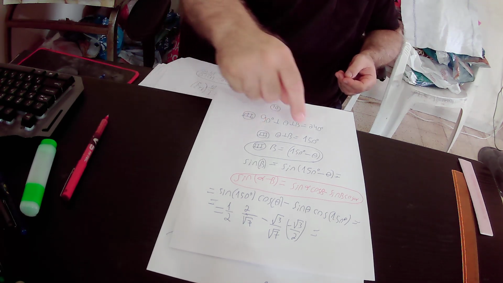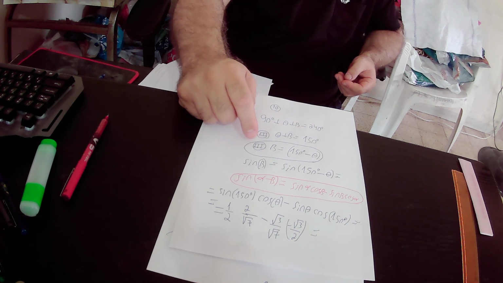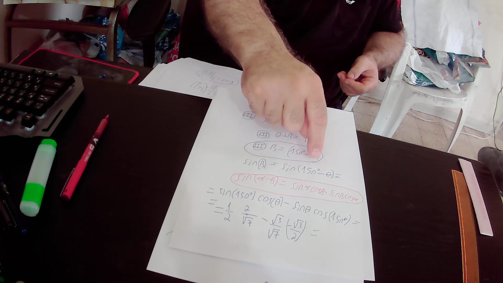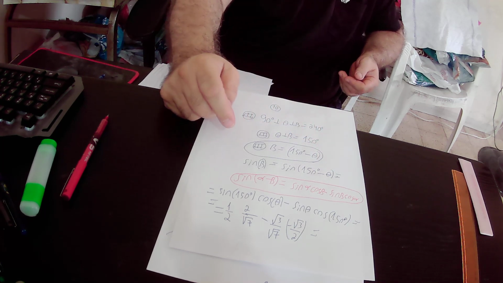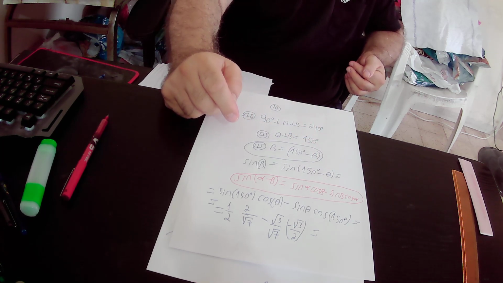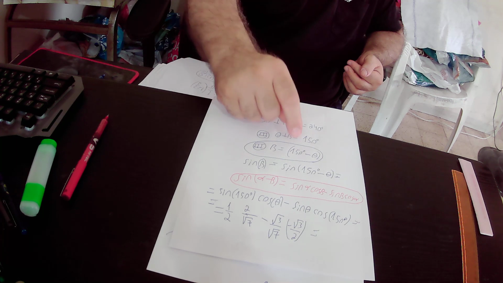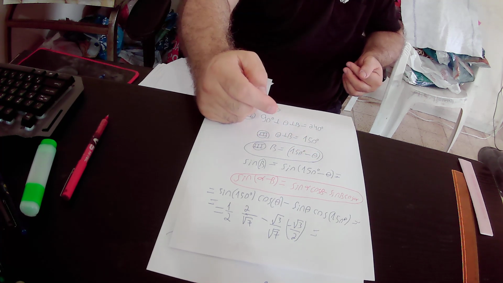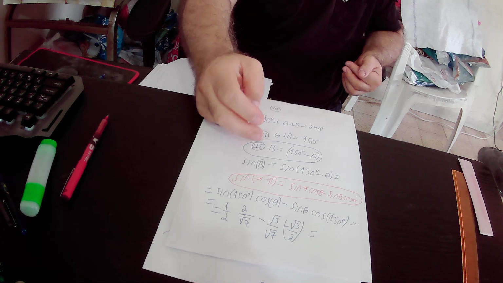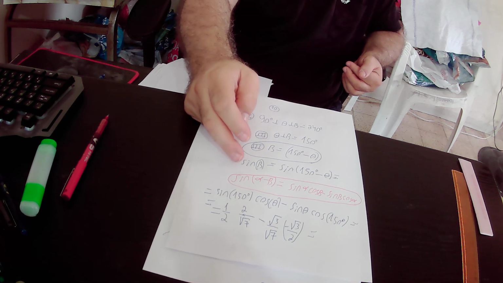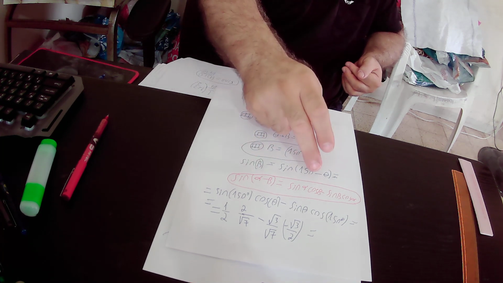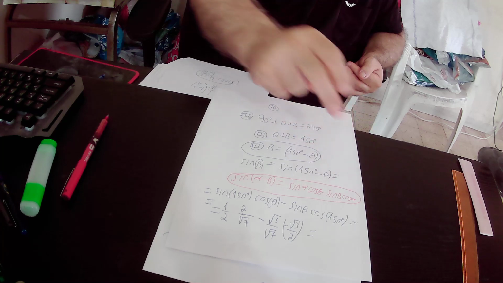If beta equals 150 degrees minus theta, then sinus beta equals sinus 150 degrees minus theta. And in order to find out the value of sinus 150 degrees minus theta, we used the second trigonometric identity that states that the value of sinus alpha minus beta is sinus alpha times cosinus beta minus sinus beta times cosinus alpha.